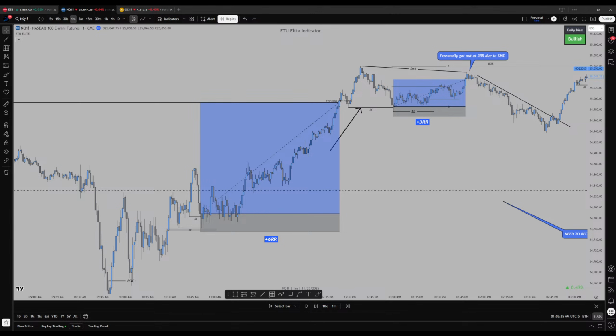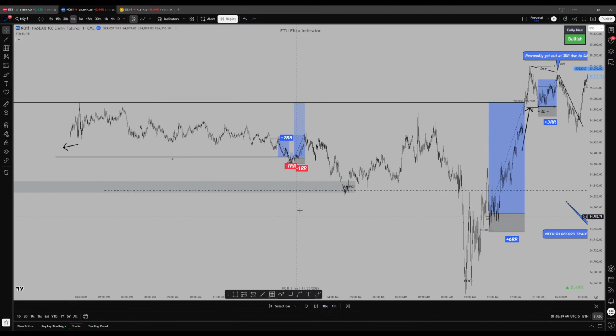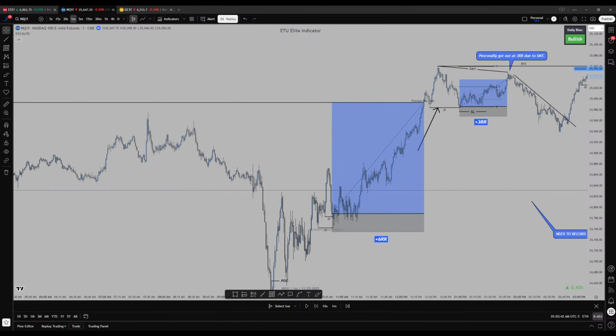I don't know why I put the previous two trades as gold. It was on NQ. Okay, NQ. All on the 25th.